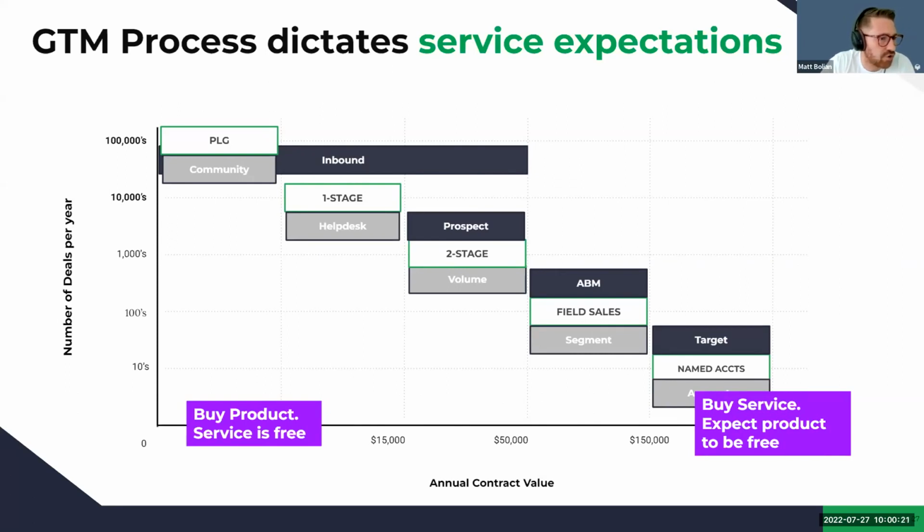What is the difference between volume and segment for CS? Segment means it's segmented in a specific way. Segmentation may be by vertical. An example would be, I have ABM, and I'm going after the real estate industry, and I'm going after the education industry.